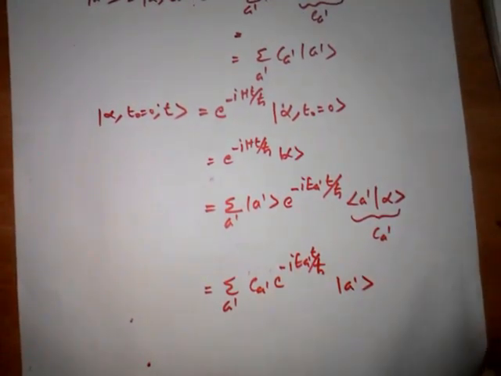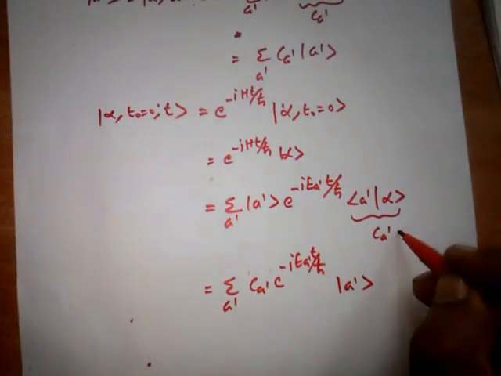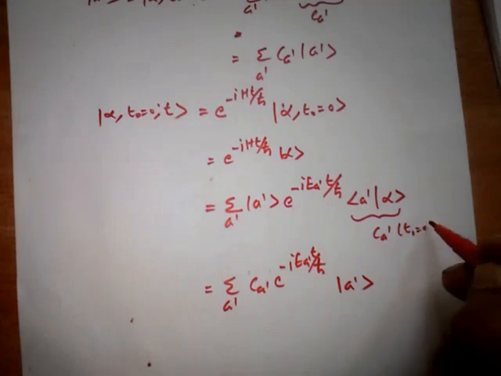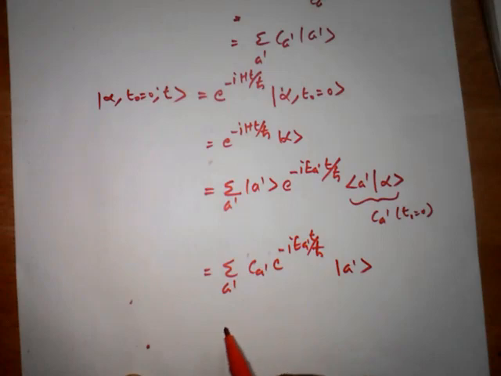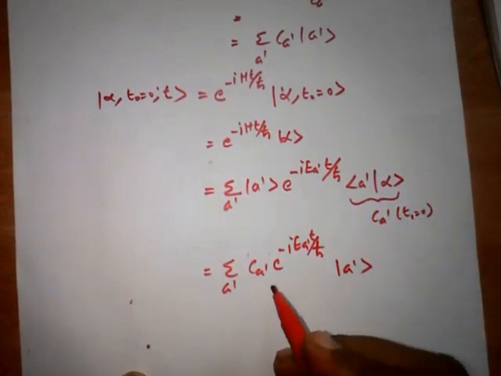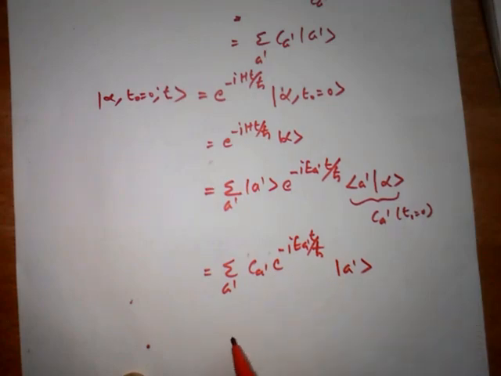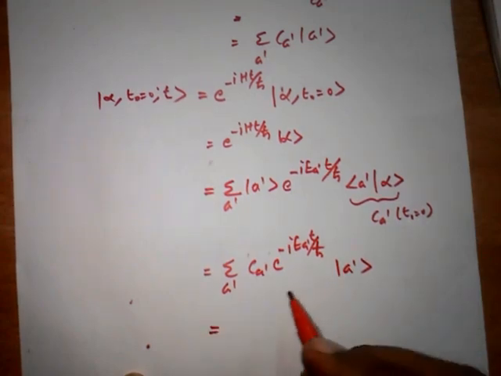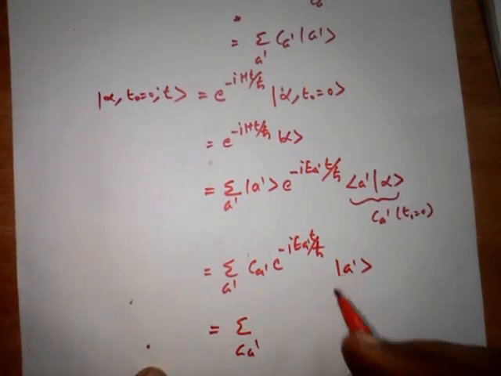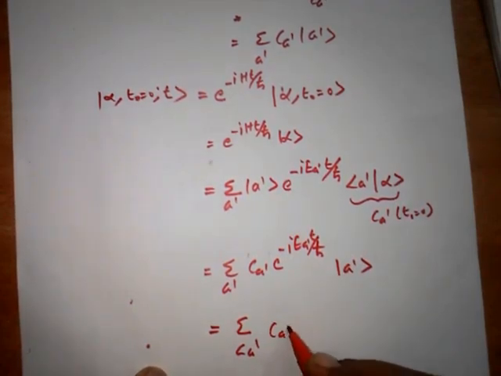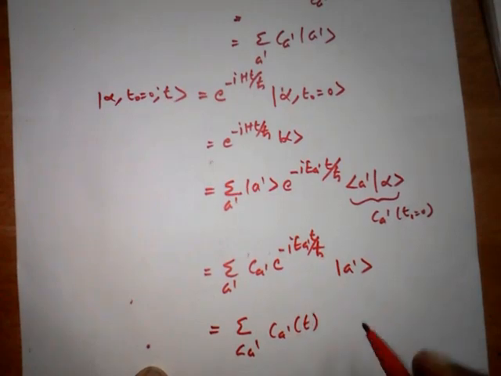Actually, this c_a' is c_a' at t_0 equal to 0, and this c_a' transforms into the sum over a' of c_a'(t) into base ket |a'>.